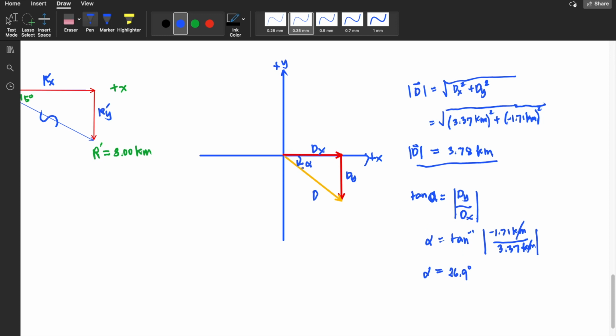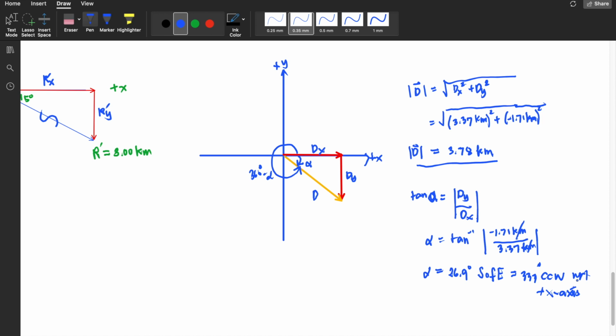It's from east going south, so that would be south of east. Or you could use this angle here, 360 minus alpha, or simply 333 degrees counterclockwise with respect to the positive x axis.